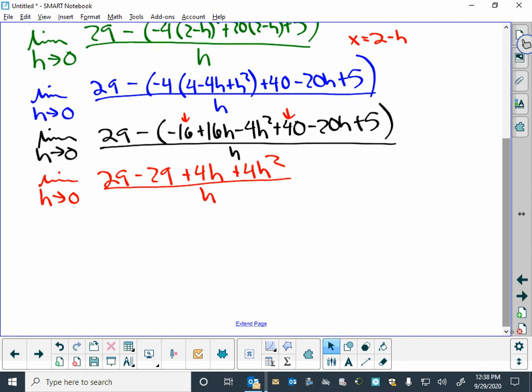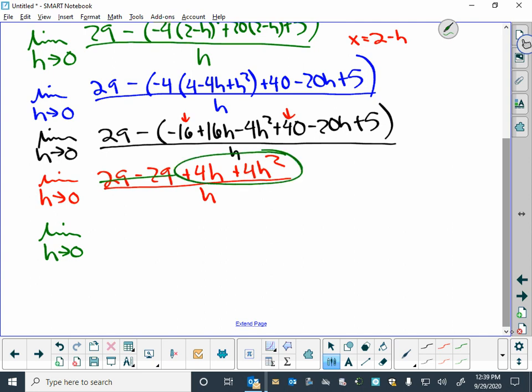And then I notice that I've got 29 minus 29, well that's 0, but everything that's left in the numerator up here has an h in it. In fact, it has a 4h in it, so I can factor a 4h out, and that'd leave me a 1 plus h over h, and h divided by h cancels.